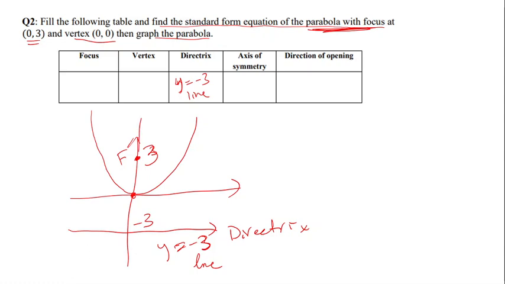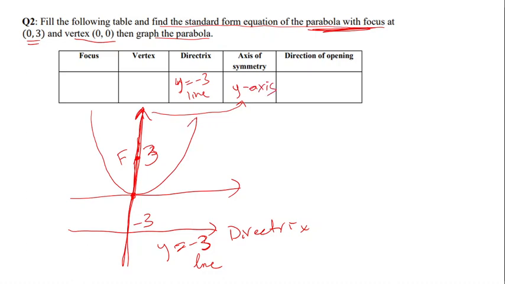And the axis of symmetry here is, you see, the line that divides the parabola into equal halves, so it will be the y-axis.